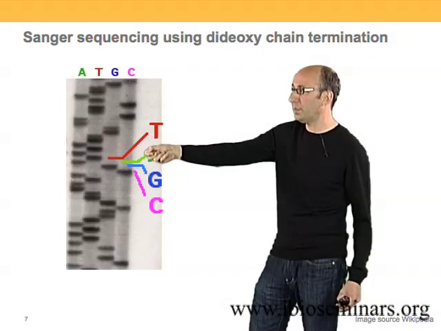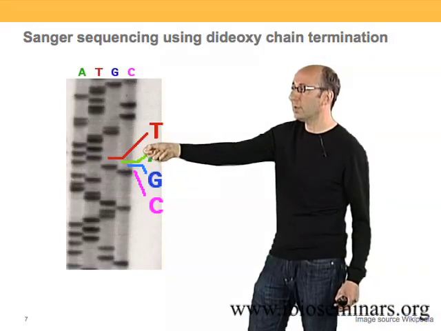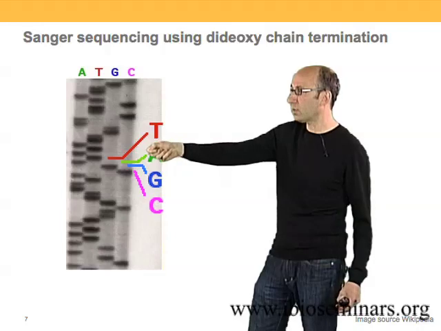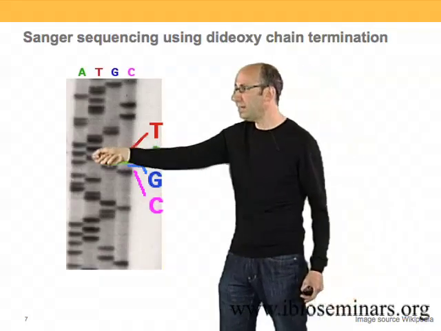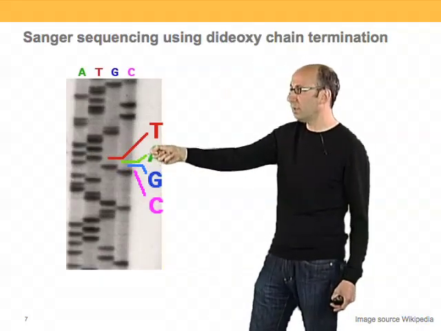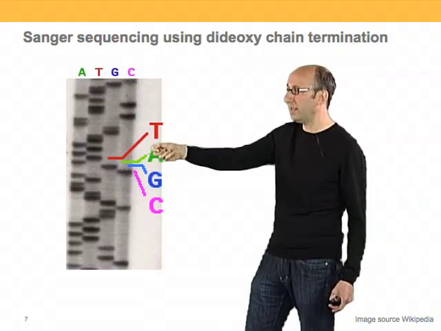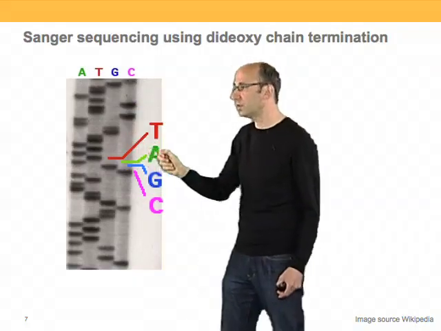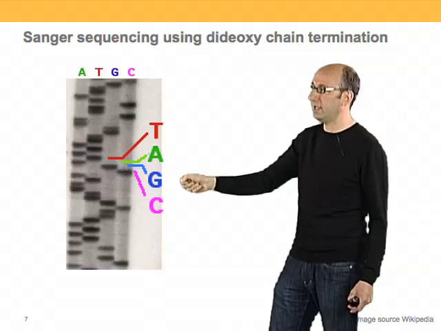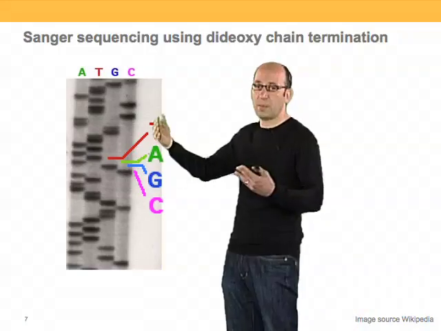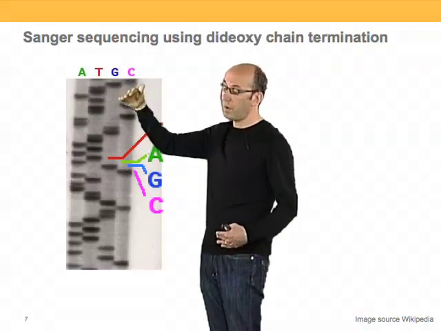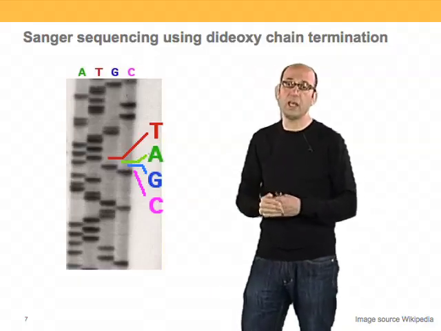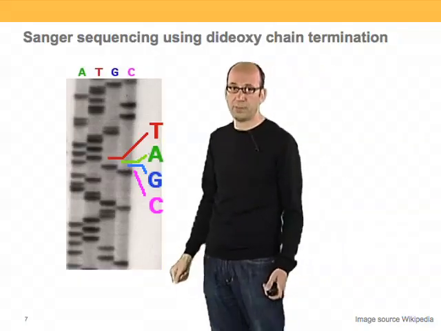The next larger piece, one nucleotide larger, terminated at a G, the next one terminated at an A, and then the next one larger terminated at a T. This indicated that the sequence was TAGC at this position. And so this could then be repeated over a few hundred nucleotides for each gel, giving the DNA sequence of that template.